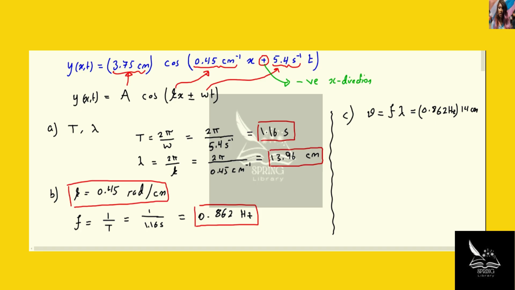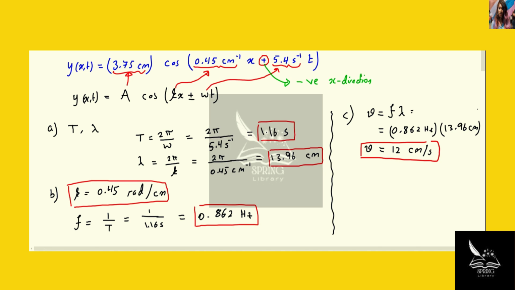Let me write this down here. So it's equal to 0.862 hertz multiplied by 13.96 centimeters. And this is equal to 12 centimeters per second. So this is the velocity at that point, or the speed of the wave at that point.